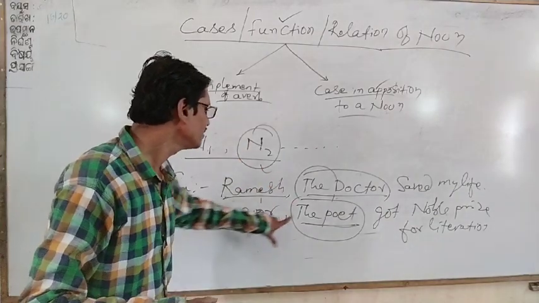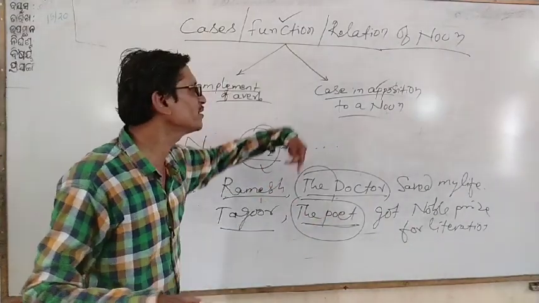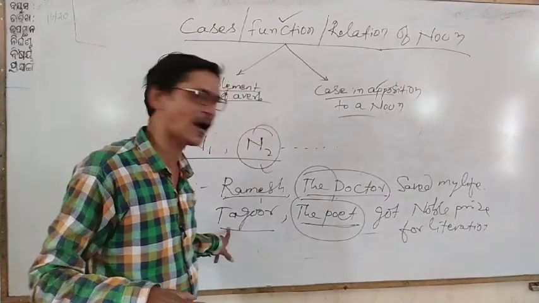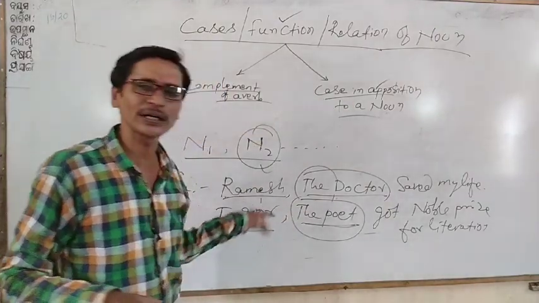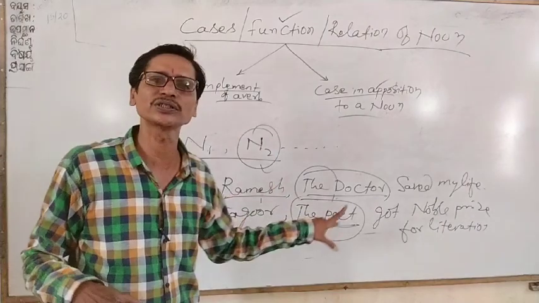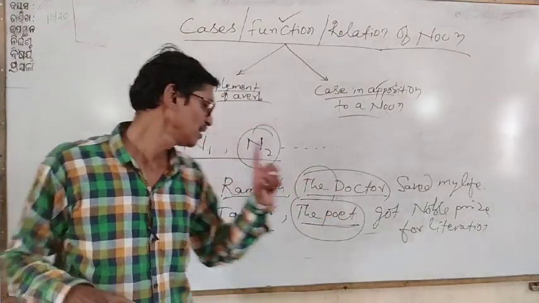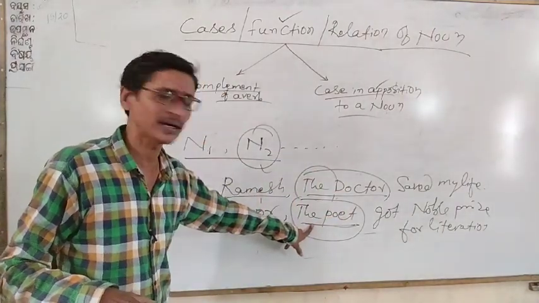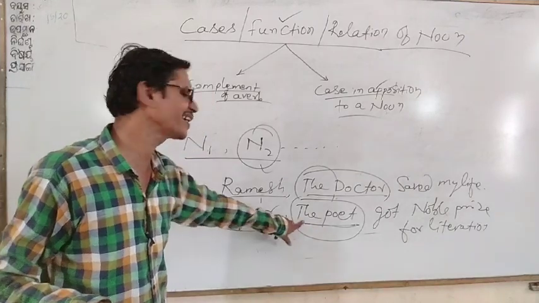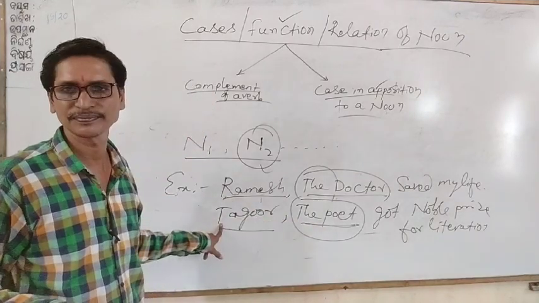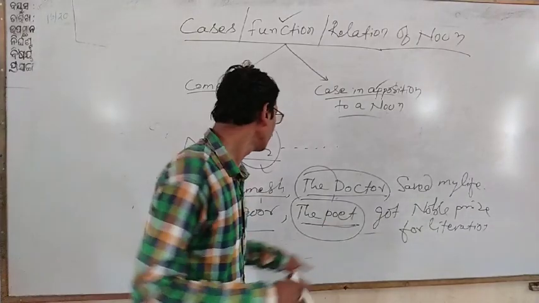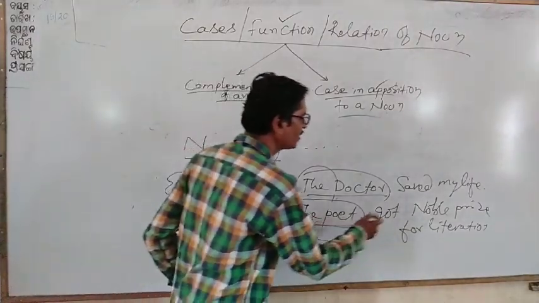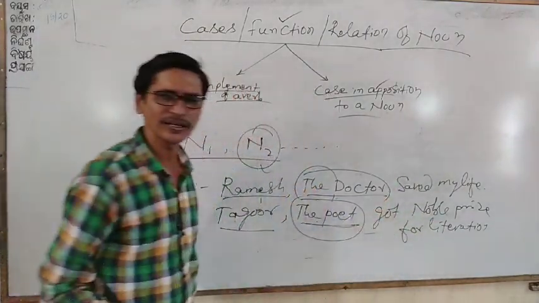So here the poet is functioning as case in apposition to the noun. Because we are talking about the same person, both the nouns are talking about the single person. Therefore, here the word poet is functioning as a case in apposition to this noun. Okay? Therefore, Tagore, the poet, got Nobel Prize for literature.